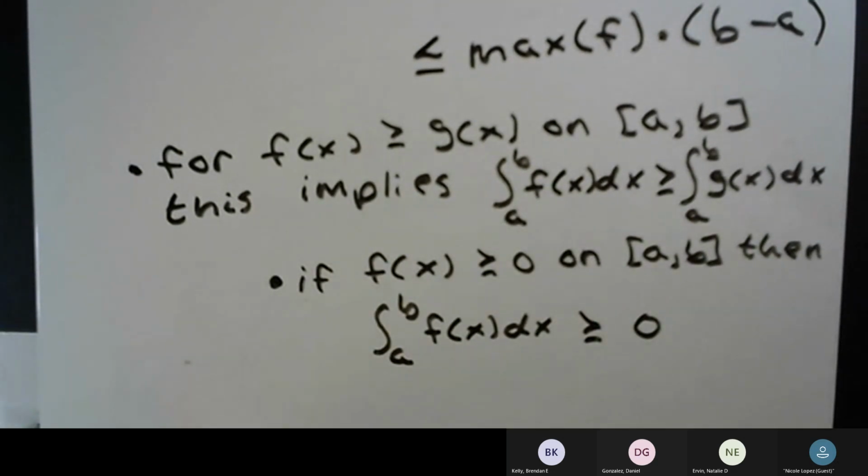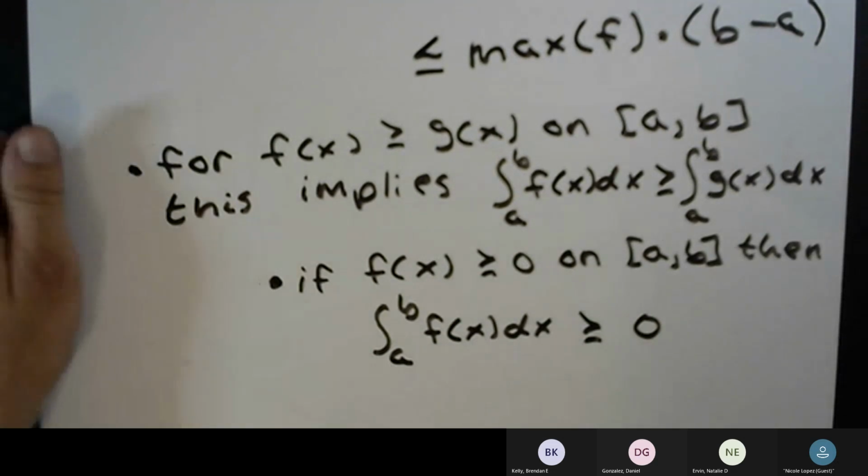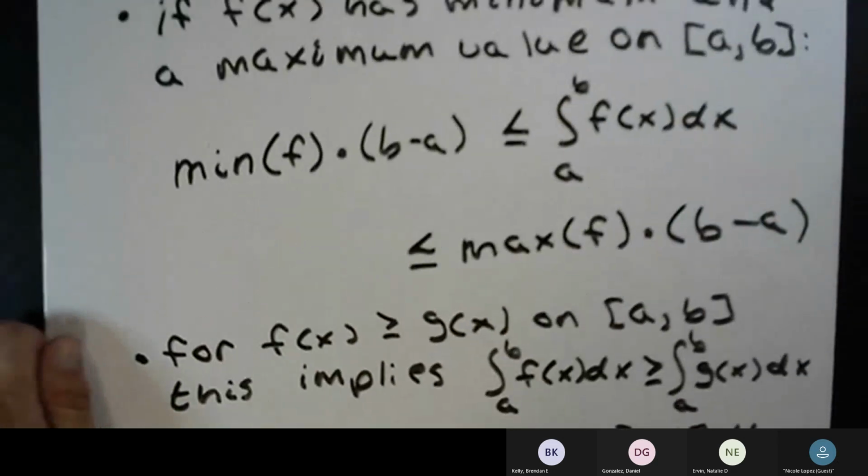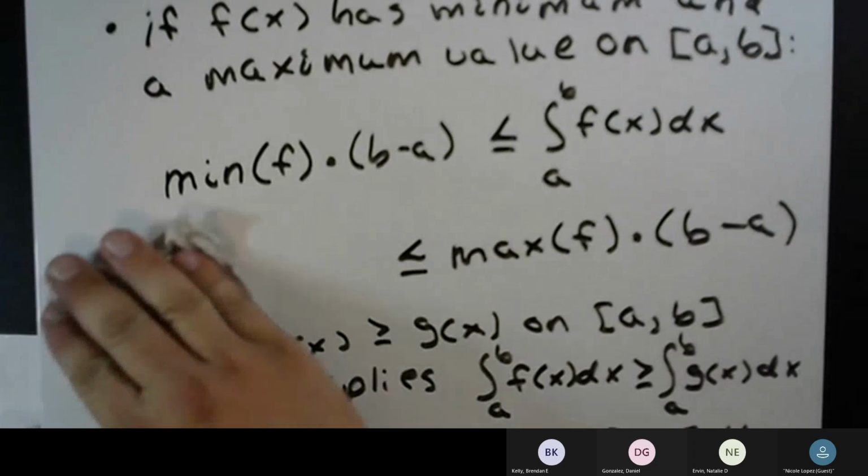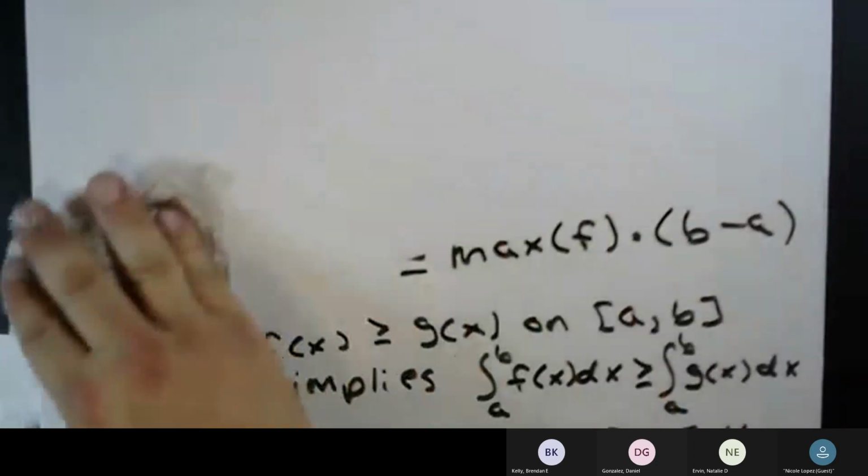We're almost done, one more property. Then we get to jump into some examples and do some calculations. So any questions about these? All right.